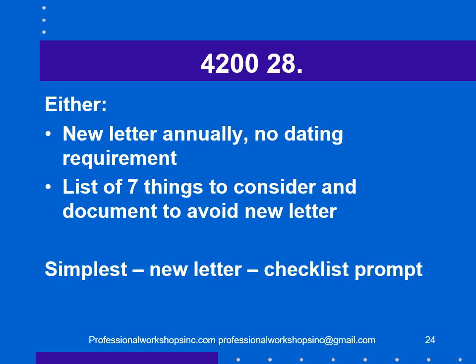And some people pay attention to the date of the new engagement letter. I'm kind of happy with getting a new engagement letter at the end of the current engagement for the next engagement, and do that annually.